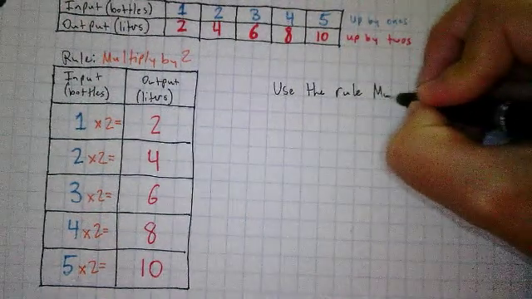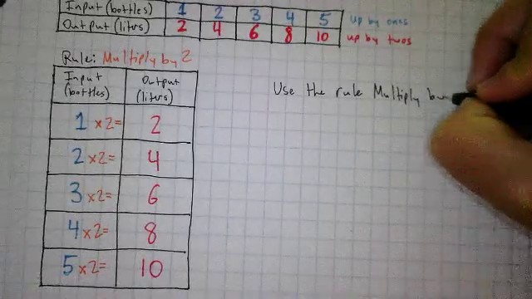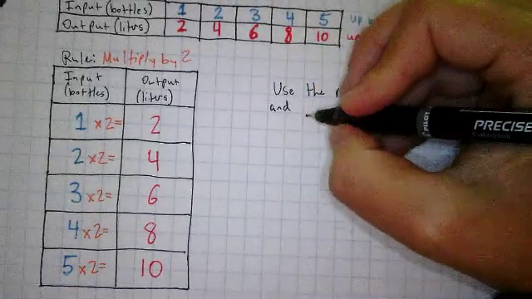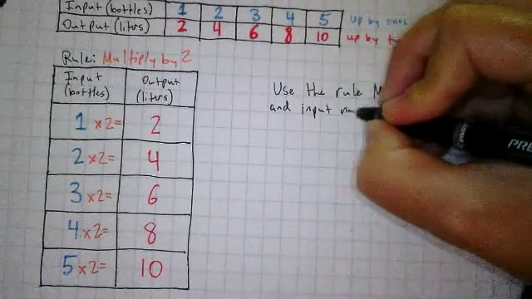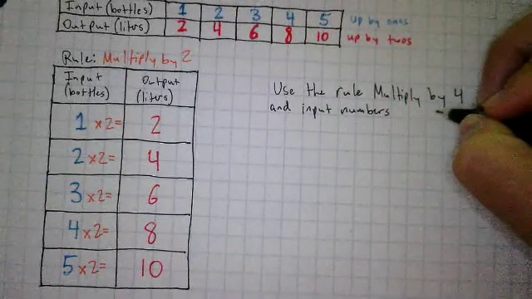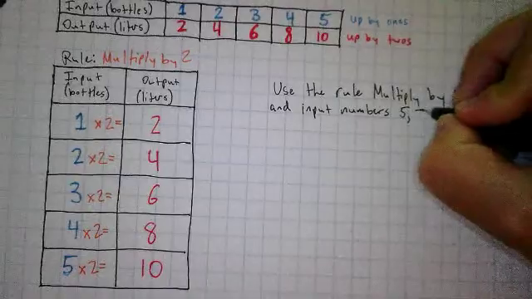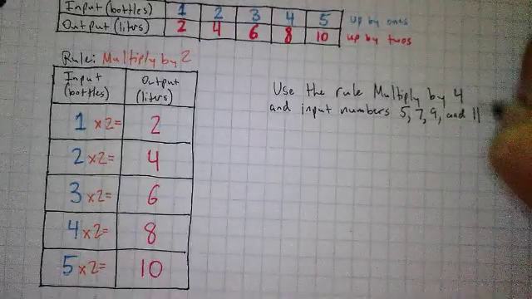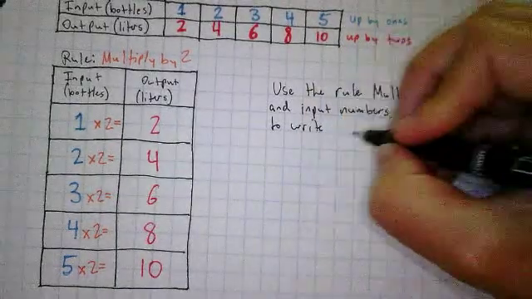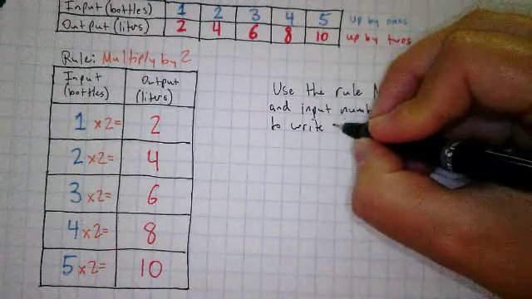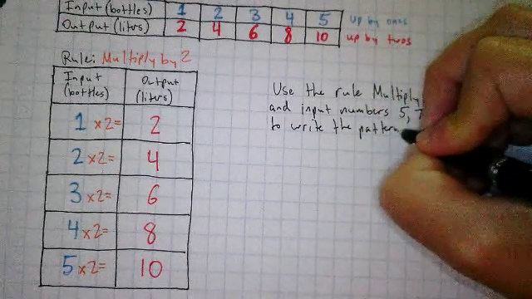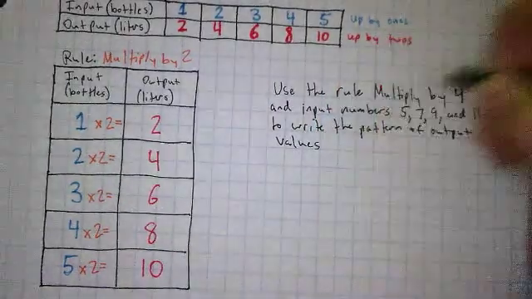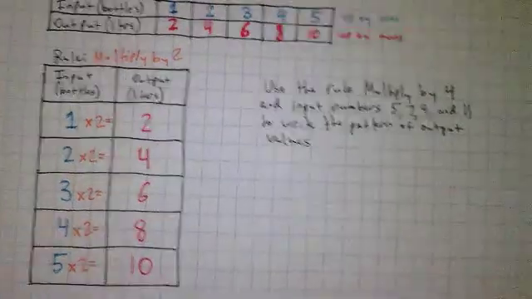It says, use the rule multiply by 4, and input numbers 5, 7, 9, and 11 to write the pattern of output values. How many numbers is there? 4.